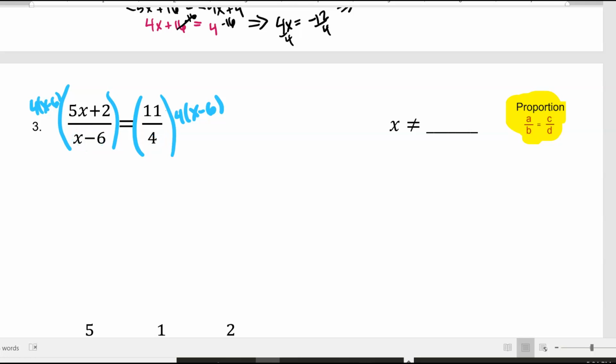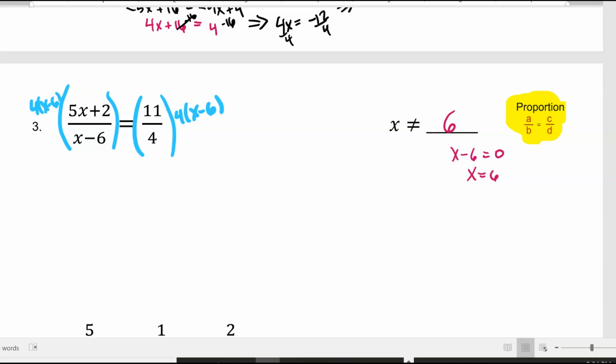All right, so your restriction, if you said 6, then you know what you're doing. All you had to do was set x minus 6 to 0 and solve for x. So we don't want our solution to end up being, well, it's really not our solution, it's an extraneous solution. What is an extraneous solution? It's sort of like a fake solution, or I like to say it's an extra.